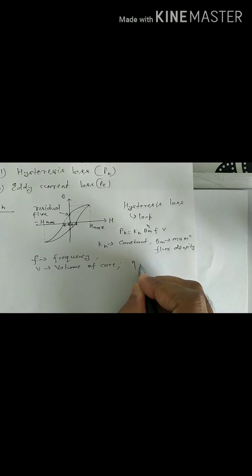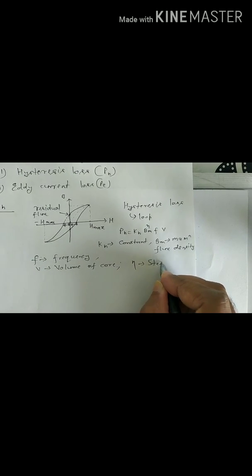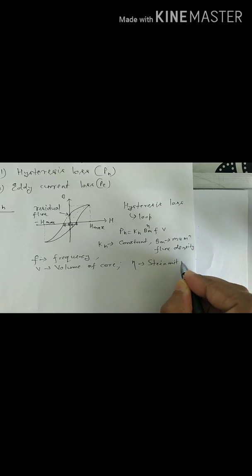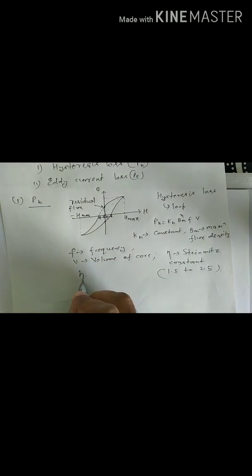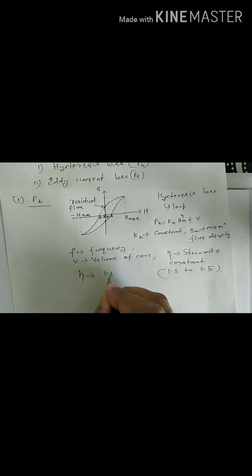Eta is known as Steinmetz constant, and its value ranges from 1.5 to 2.5. For ferromagnetic material, eta value is approximately 1.6.